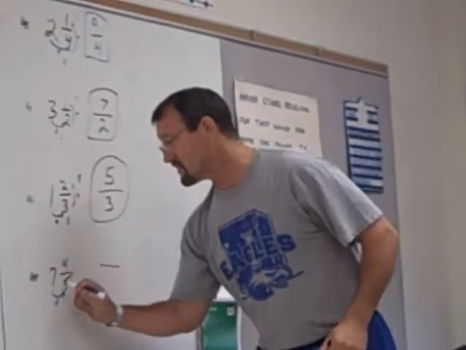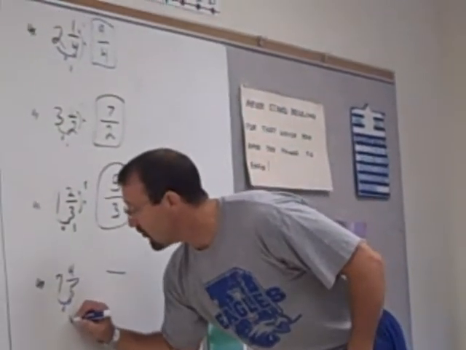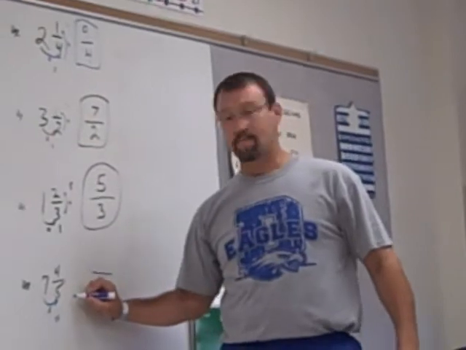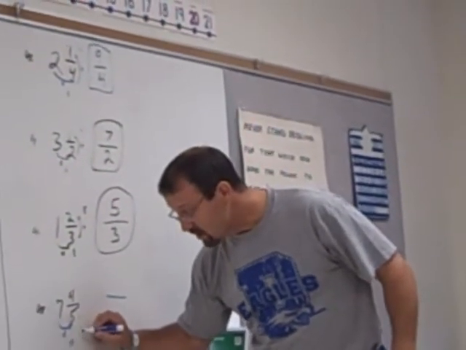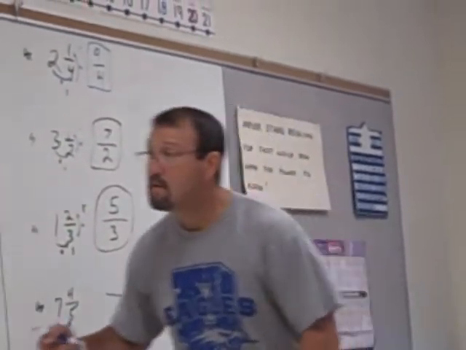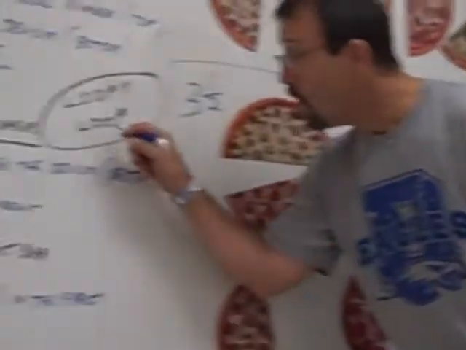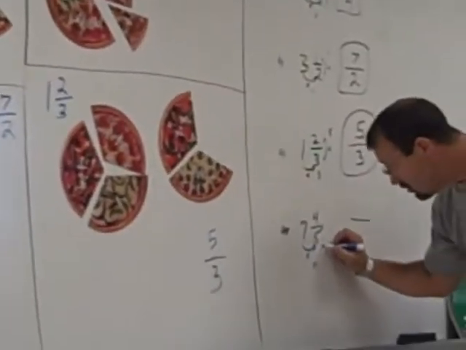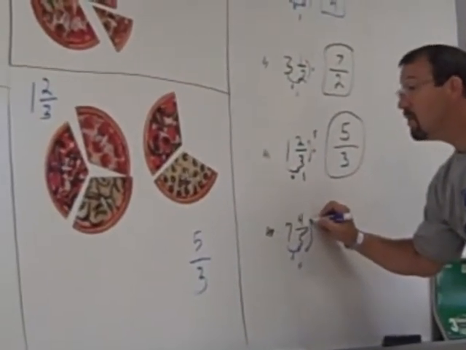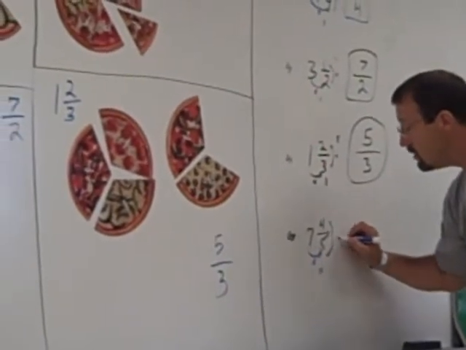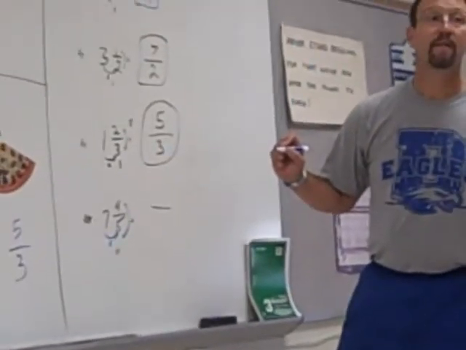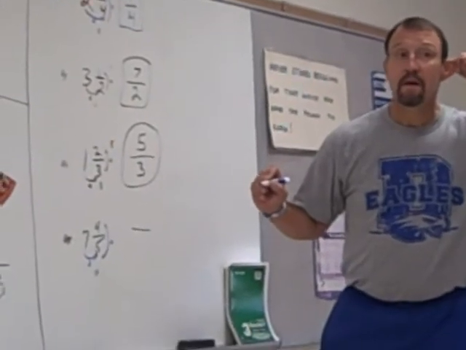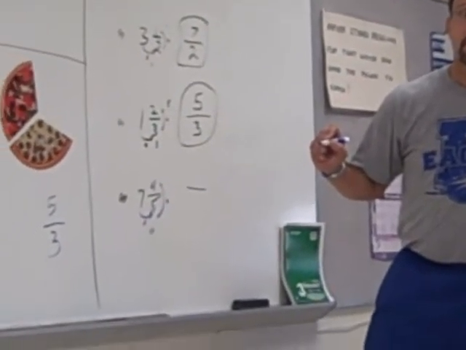All right, Crystal, what's 7 times 5? 35. So, 35. Now what do we do, Crystal? Loop plus 4. 35 plus 4? 39.